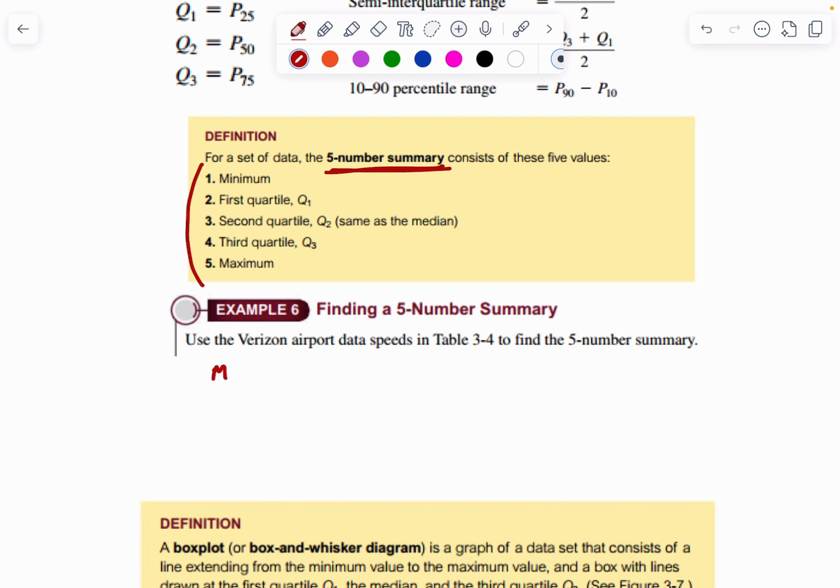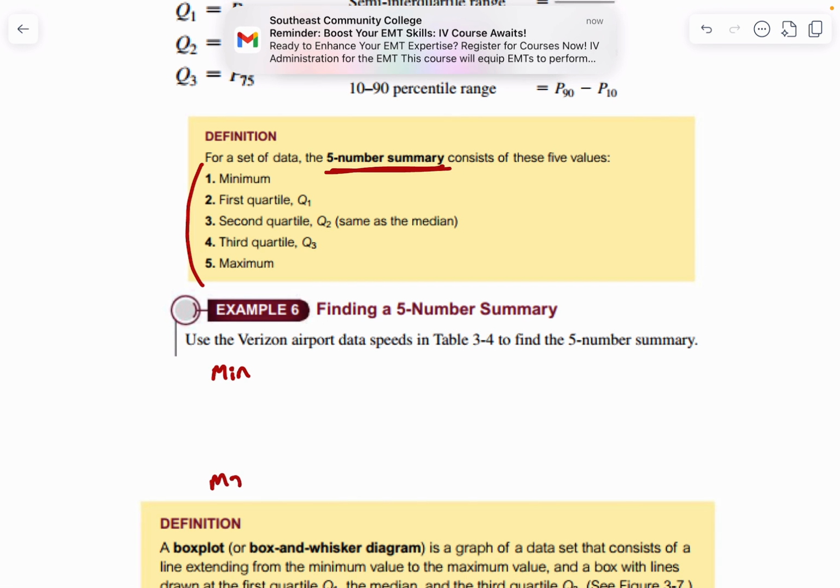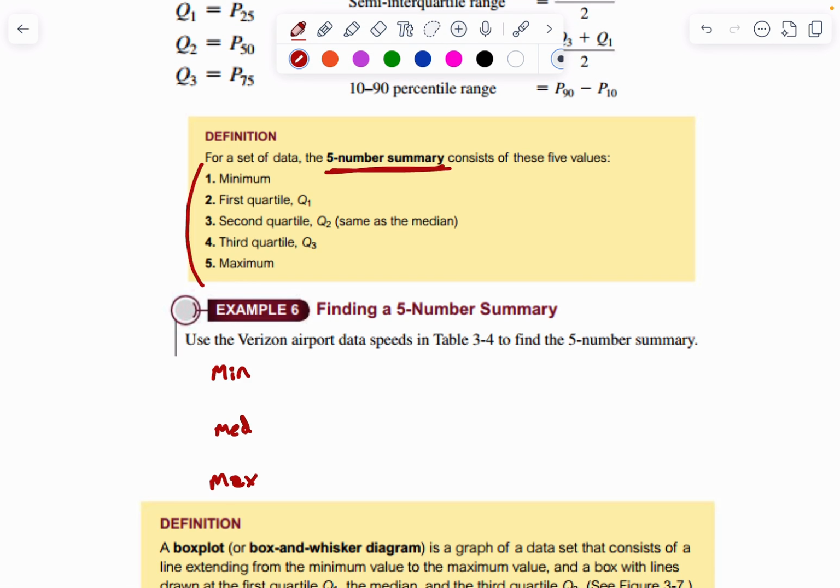I have my min, and I have my max, and I have my median. Those are 3 of the numbers of your 5-number summary, okay? Then I have Q1, which is the first quartile, and then I have Q3, which is the third quartile. The second quartile is the same thing as the median, so I just call him the median. Those are the 5 numbers that I need, okay?